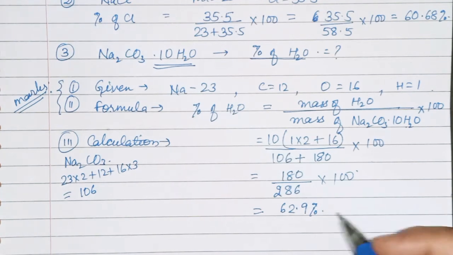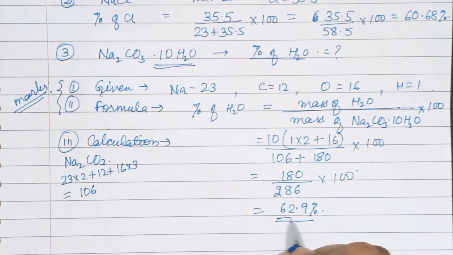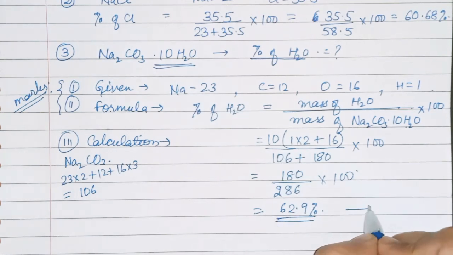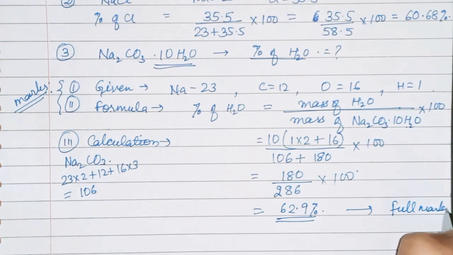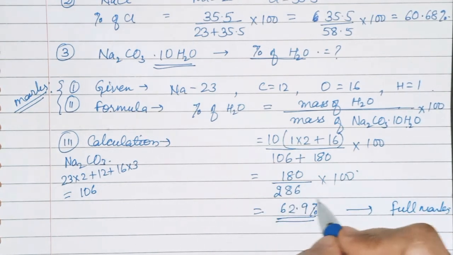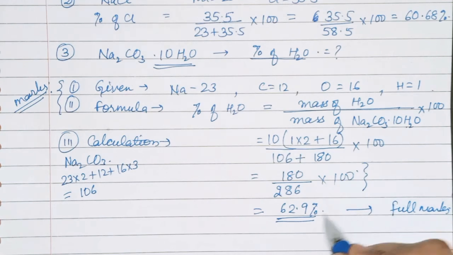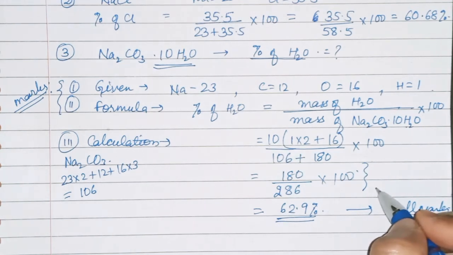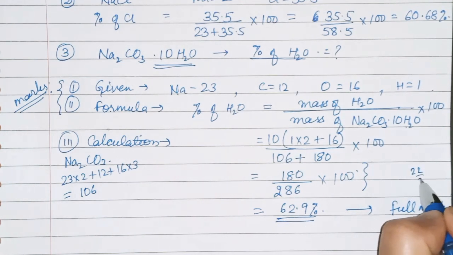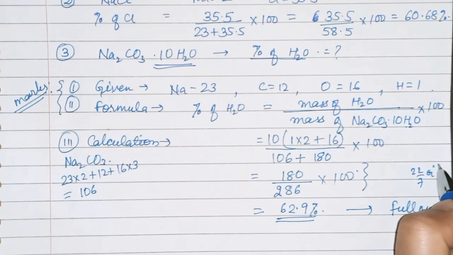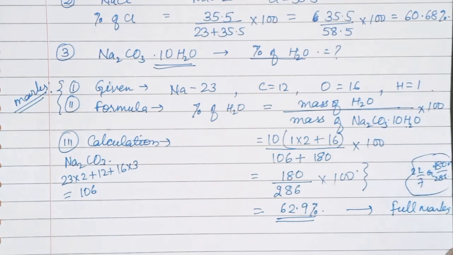And when you come here, then you will get the full marks. Suppose you have done calculation only till the fraction, like 180 upon 286, then you will not get the full marks. You have to reach the decimal form, then only you will get the full marks.